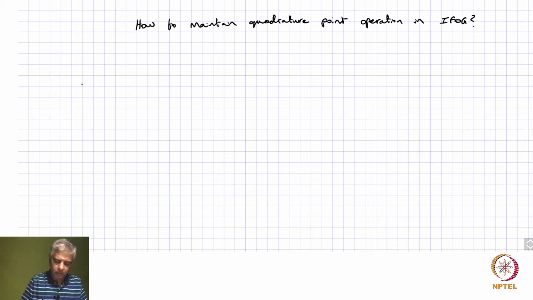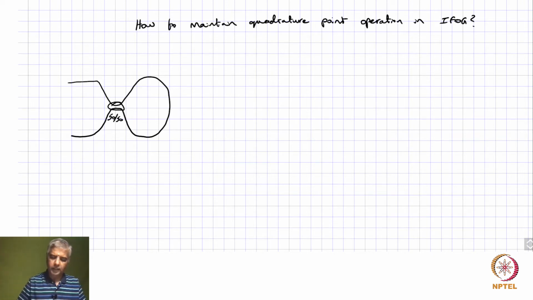Essentially, we can draw the IFOG. You have this loop which might consist of multiple turns. This is your 50-50 splitter, and what we are talking about is applying a PZT element.